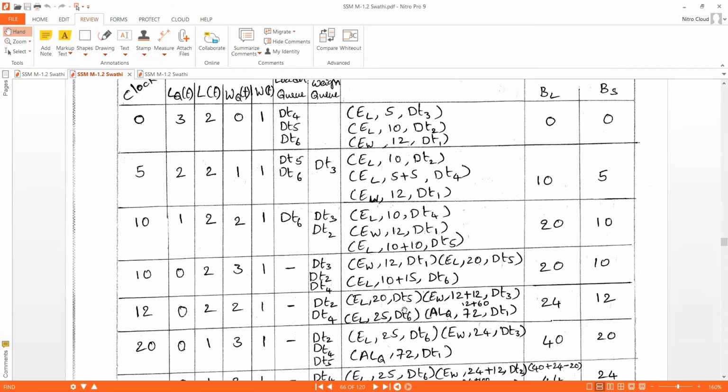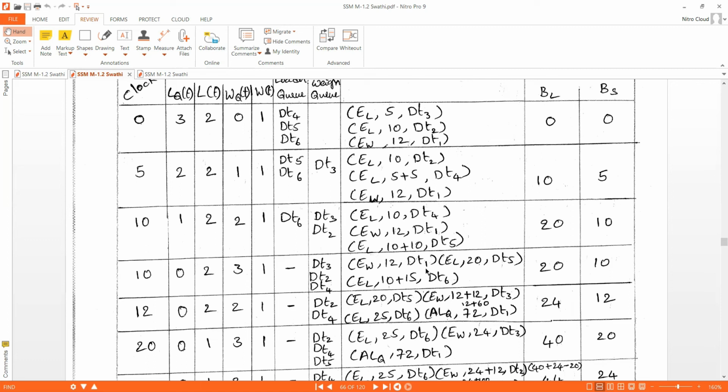The events already present in the future event list are the ending loading event for DT5 and the ending loading event for DT6. The ending weighing event for DT1 will be removed from the future event list, because this event is done at simulation clock time 12.